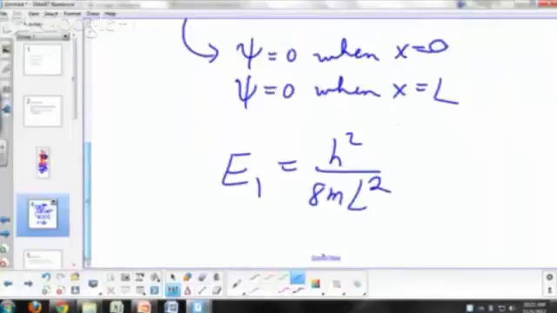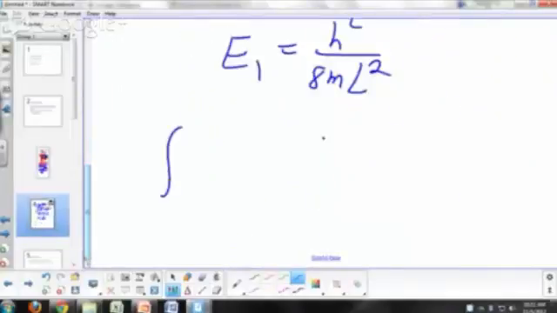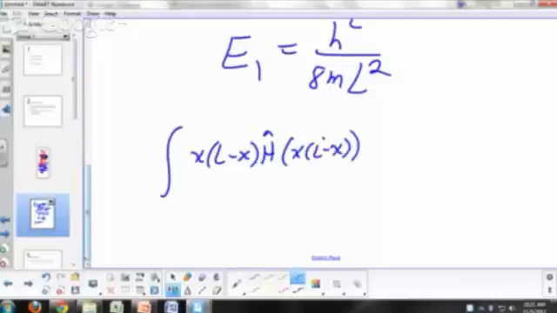You take the integral of x times (L minus x), H hat operating on x times (L minus x), dx. That's your numerator, right? This is your phi star, which is the same as just phi, and that's H hat phi, right? That's your numerator.